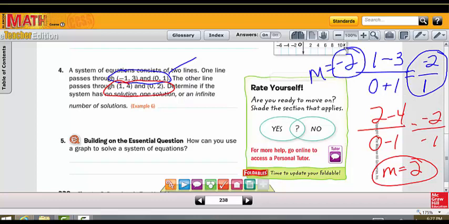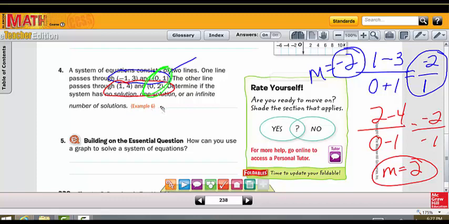So we have a different slope, and we can go back to our original points and see that we have y-intercepts in both of these cases. We have a y-intercept on the first line at 1, and we have a y-intercept on the second line at 2. So we have two different slopes, and we have two different y-intercepts.